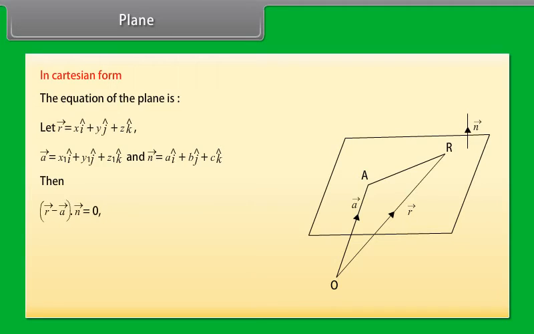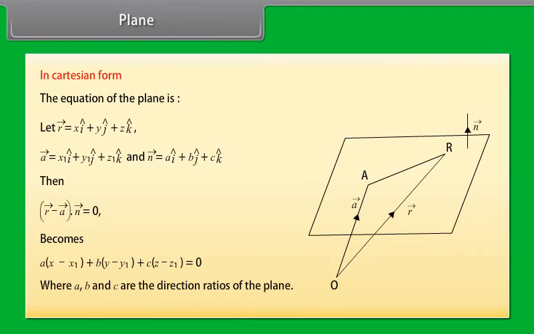Then the dot product of vector r minus vector a and vector n equals 0 becomes a into x minus x1 plus b into y minus y1 plus c into z minus z1 equals 0, where a, b, and c are the direction ratios of the plane.